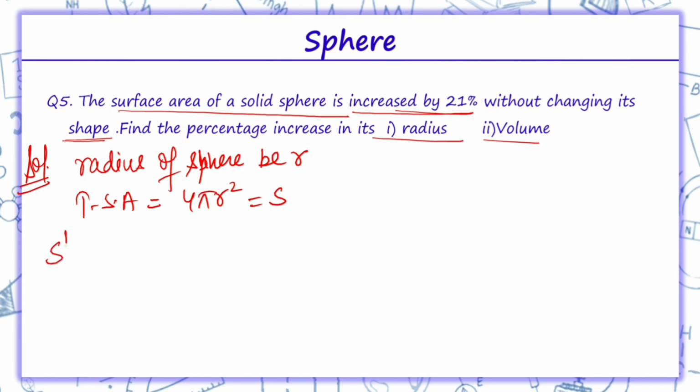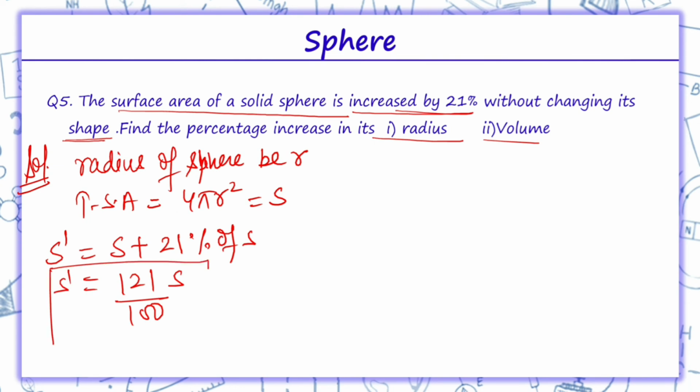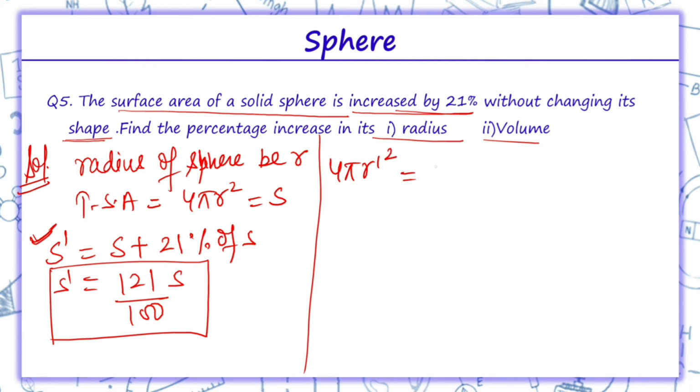That means S dash is equal to S plus 21% of S. When we solve it, we get 121 by 100 S. This is S dash, the new surface area. It can be written as 4 pi r dash square, and this is equal to 121 by 100 into 4 pi r square. So 4 pi and 4 pi got cancelled, so the value of r dash comes to 11 by 10 of r.